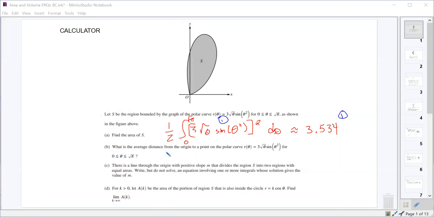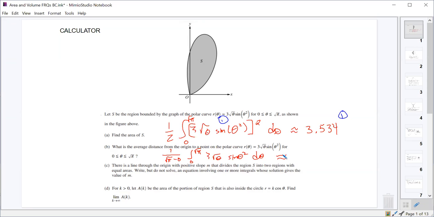So this ought to just be the mean value theorem for integrals, 1 over root pi minus 0 times the integral from 0 to root pi of the function 3 root theta sine theta squared d theta. No need to square it. And we have our constant out in front.